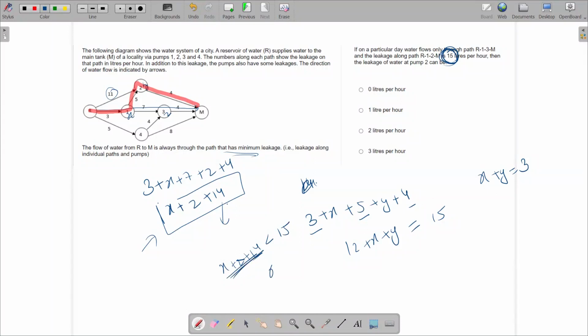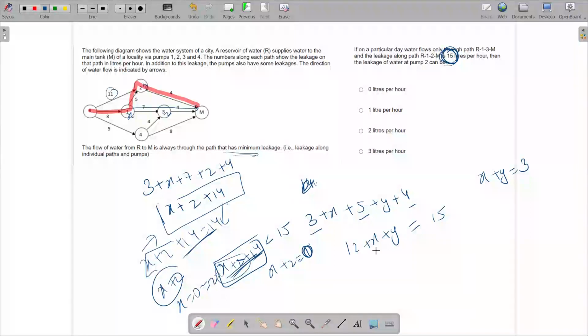The only possible value is 14, so X plus Z equal to 0. X and Z cannot be negative, so X equal to Z equal to 0. And from here, X plus Y equal to 15 minus 12 equal to 3, and I know X equal to 0, so Y equal to 3 is the answer. So 3 is the answer to this question. That's it. Done.